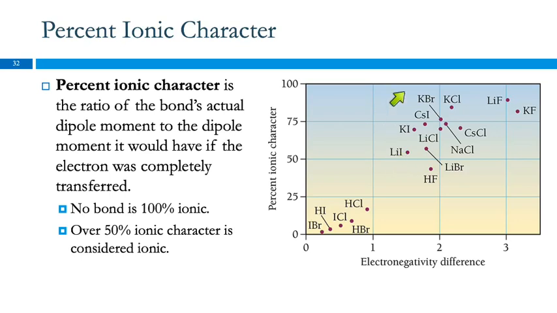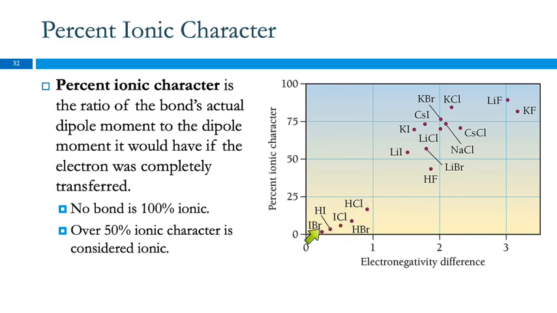If you look at these compounds up here, though, all of these that are above 50% are metal-nonmetal combinations. And then we have this one over here, kind of with this cluster, but under the 50% mark, hydrogen fluoride. Because hydrogen and fluorine are both nonmetals, this qualifies as a covalent bond.